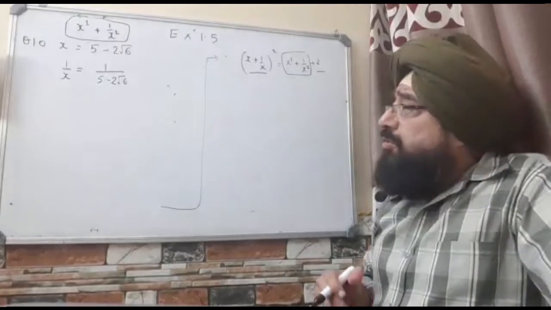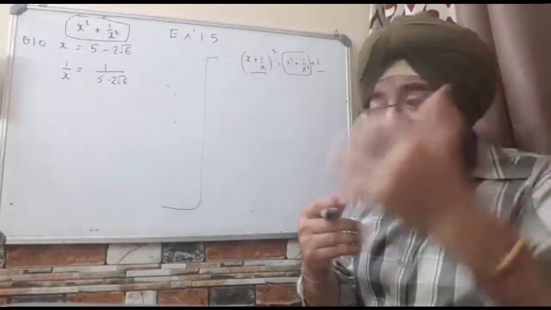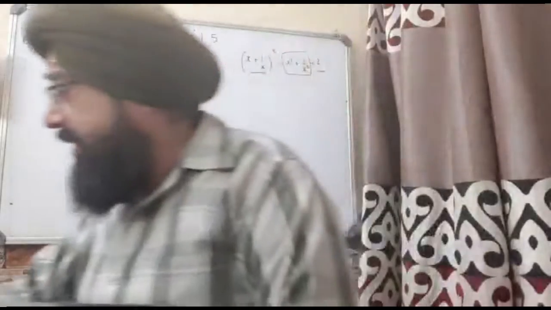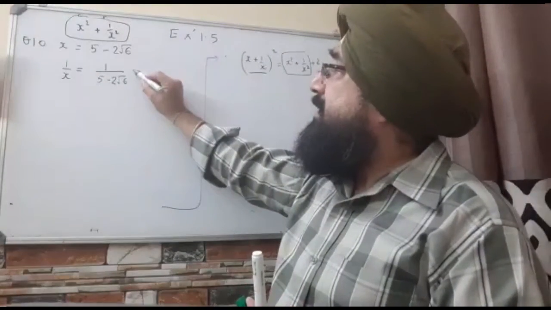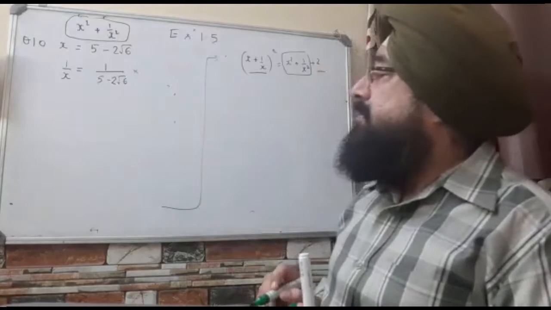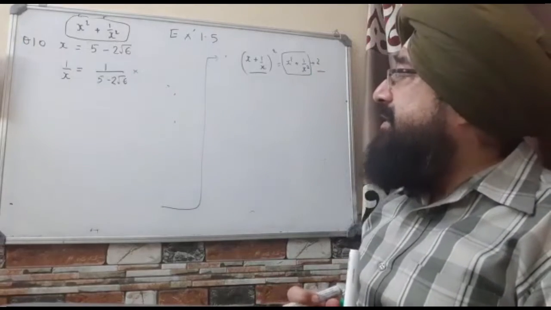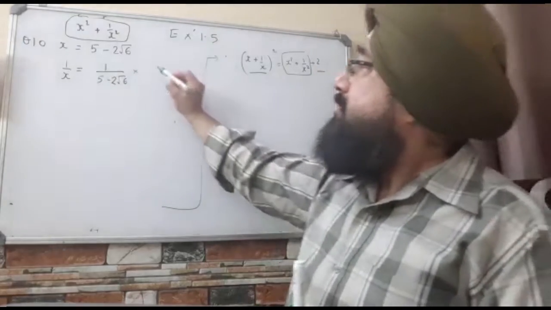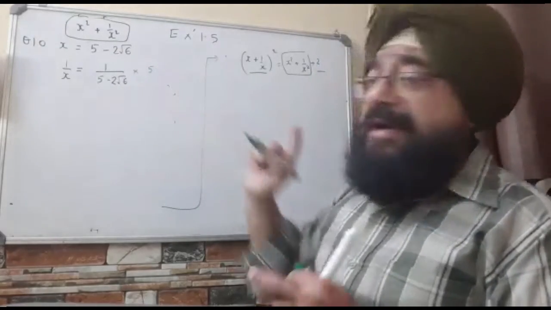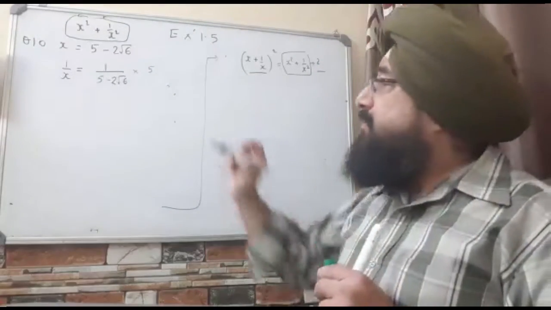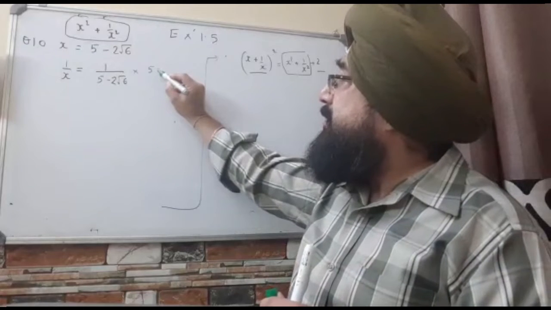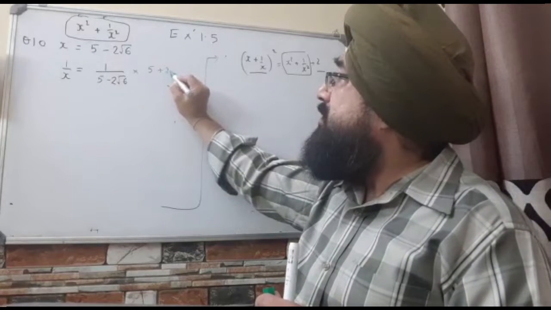Now the ability is in rationalizing this, and that can be easily done by multiplying it with its conjugate, the rationalizing factor, Mahima, and that is 5 plus 2 root 6.